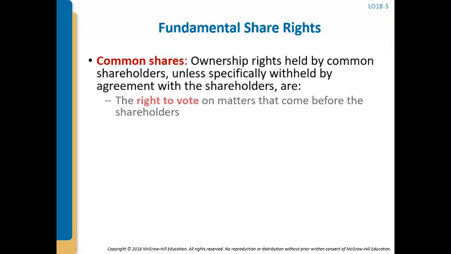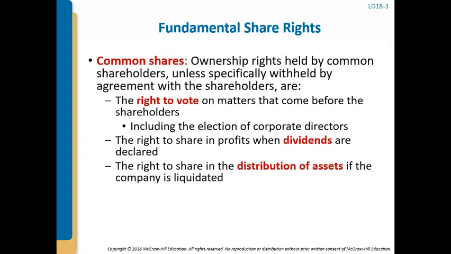All right, so we start this in Part B, paid in capital. They start off talking about the rights of shareholders, and common shares is one type, preferred shares is another. For common shareholders, unless specifically withheld as a right, they have the following rights.